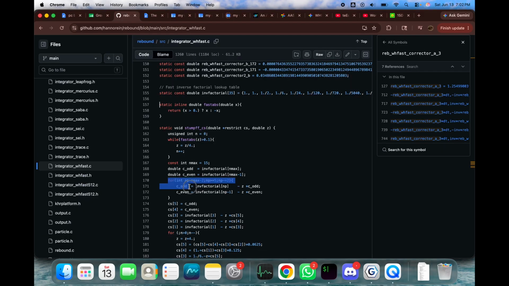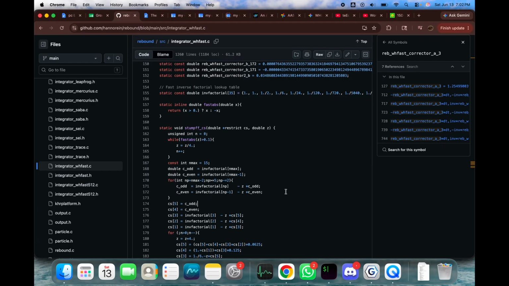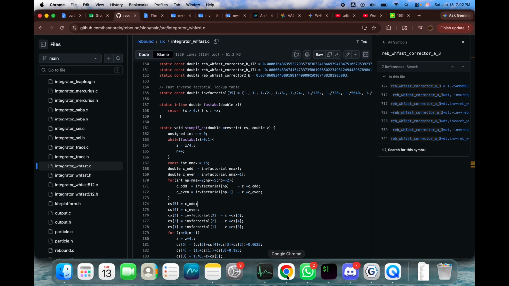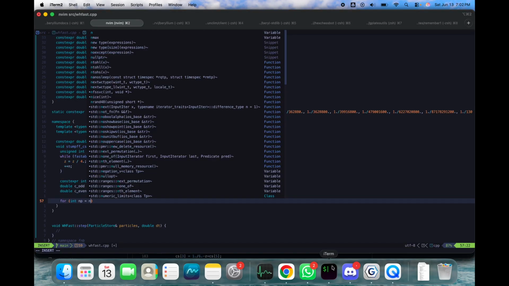And now we have this loop. So for int np equals n max minus 2.